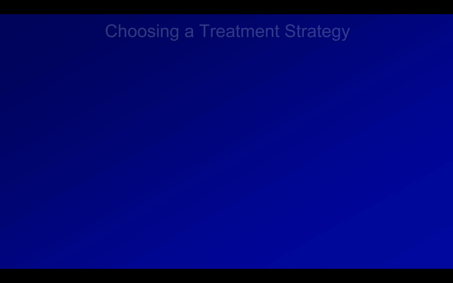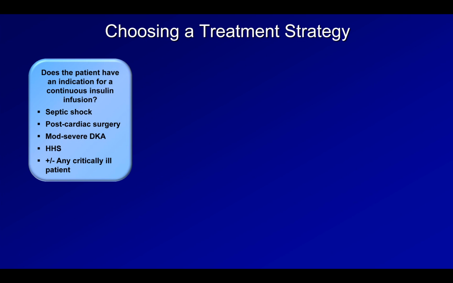So how do we use this information about insulin to choose a treatment strategy in a specific patient? When a diabetic patient is to be admitted to the hospital, the first question to ask is, does the patient have an indication for a continuous infusion of insulin? Well agreed upon indications include septic shock, post-cardiac surgery, moderate to severe diabetic ketoacidosis, and the hyperosmolar hyperglycemic syndrome.